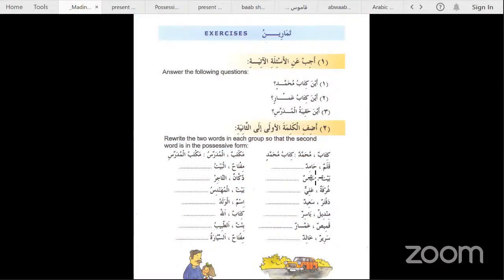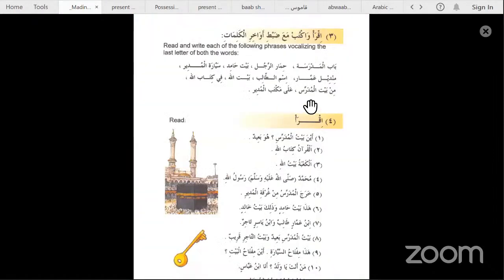Miftahul Baiti. Excellent. Whenever there's alif lam, there's no kasra tanween. There's only one kasra. Miftahul Baiti. Excellent.